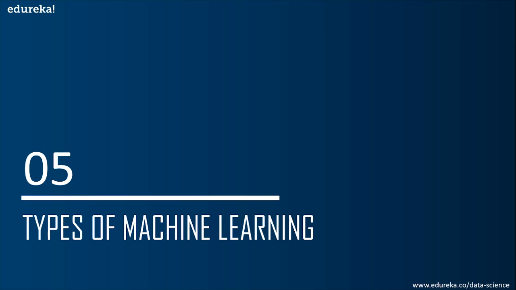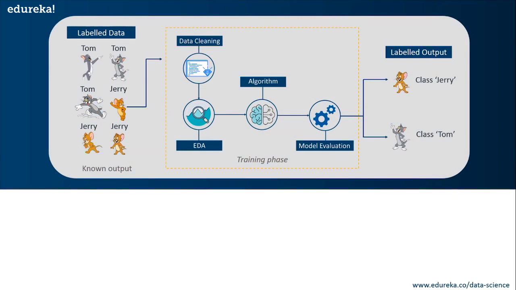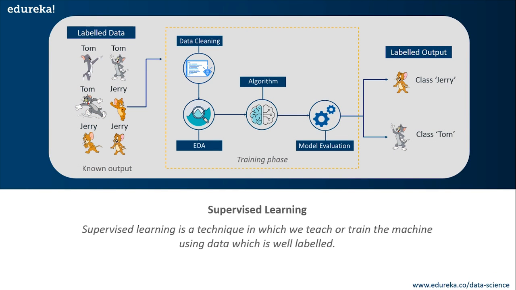Now let's look at the different ways in which machines can learn. There are three well-defined types of machine learning, which is supervised, unsupervised, and reinforcement learning. Now, supervised learning is a technique in which we teach or train the machine using data which is well labeled. To understand supervised learning, let's consider a small analogy.